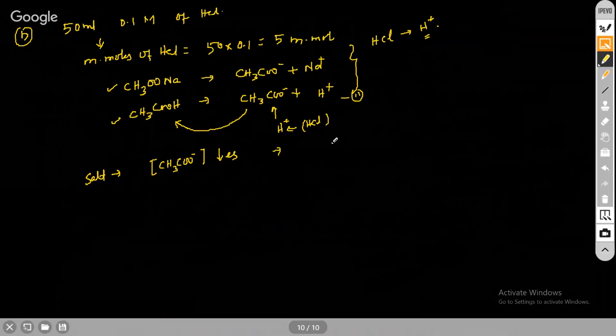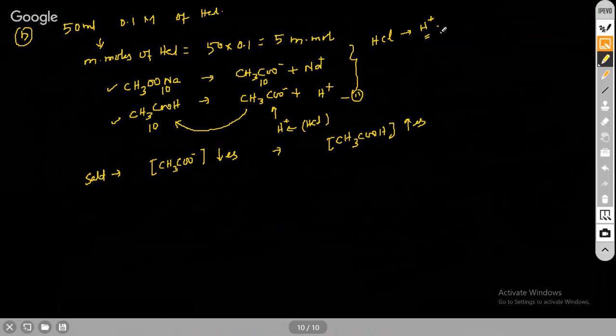And the concentration of acid, CH3COOH, increases because this reaction goes in the backward direction and forms CH3COOH. The number of millimoles of CH3COOH was 10 initially, and the salt is also 10.